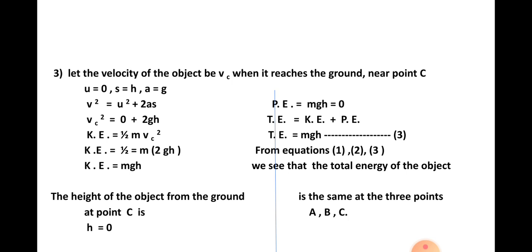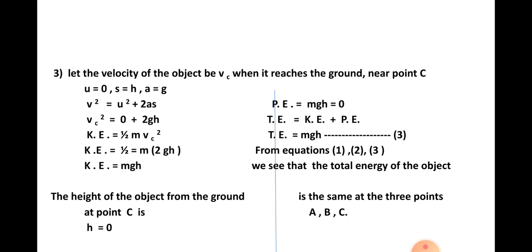Again using the third equation of motion, v² is equal to u² plus 2as. vC² is equal to 0 as the initial velocity u is equal to 0, plus 2gh, so we have the value 2gh. Kinetic energy is 1/2 m vC², so kinetic energy is 1/2 m times 2gh, and kinetic energy is equal to mgh.